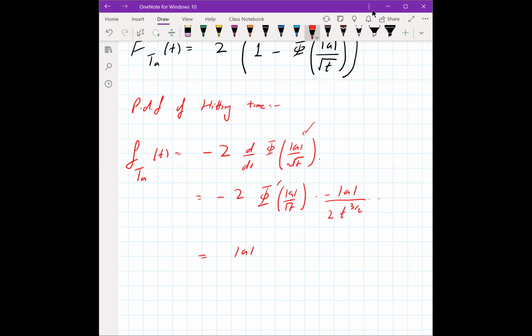So you get a, the PDF of the normal has a 2 pi. You have t to the 3 by 2, so you get t to the 3. And the PDF of the normal is just this.